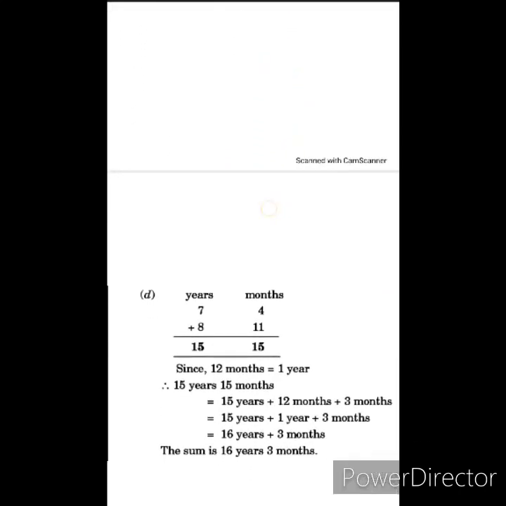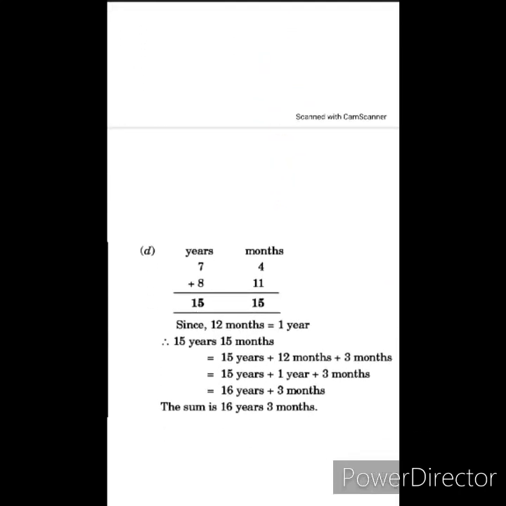Next, move on to question D. Here it is given about years and months. The question is 7 years 4 months plus 8 years 11 months.